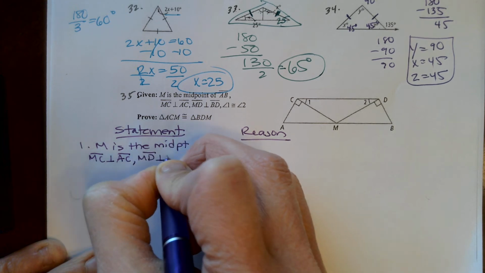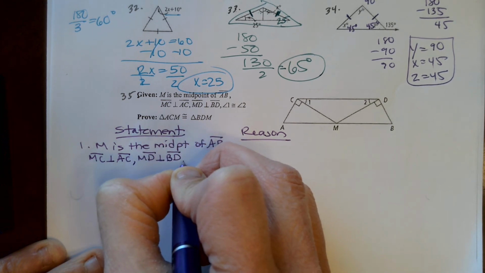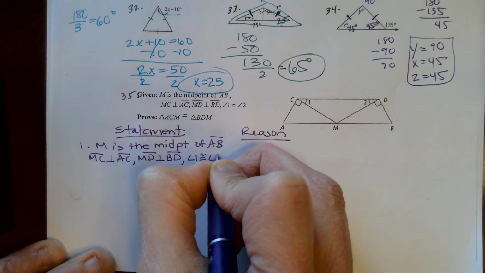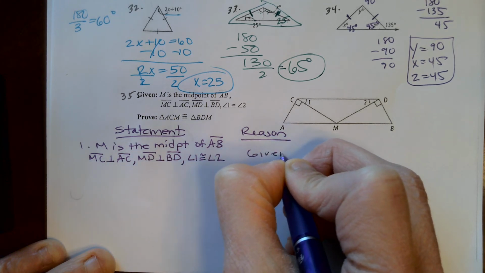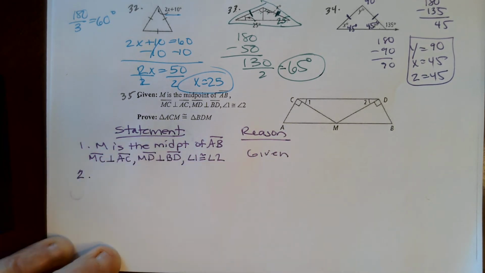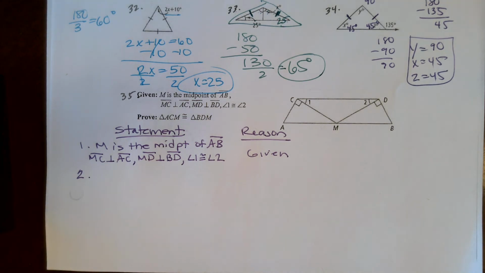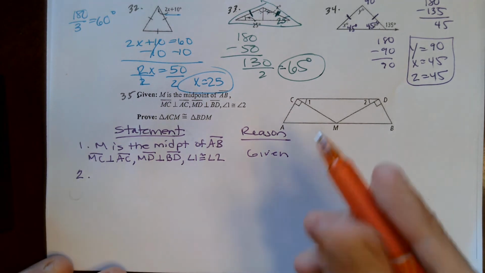Wow, there's a lot in this one, isn't there? Okay, so that's given. Let us remember a couple things. They don't usually tell you something's a midpoint just for fun, so let us decide what information that gives us.